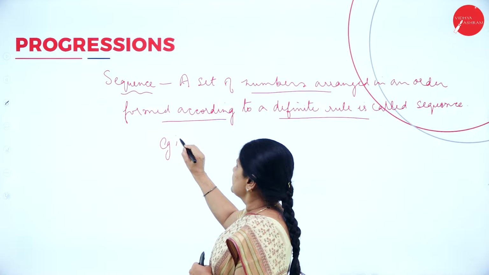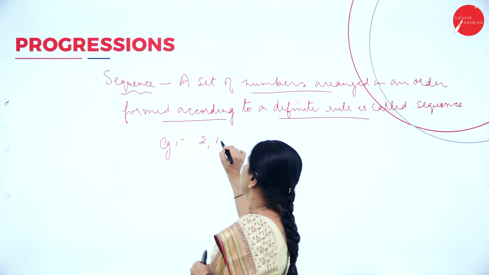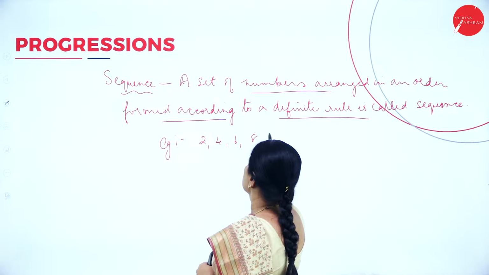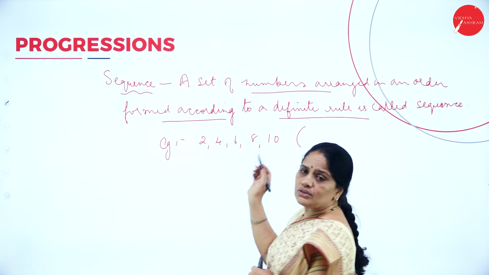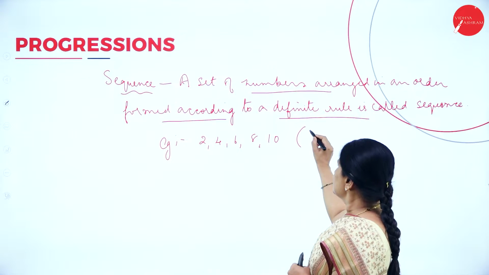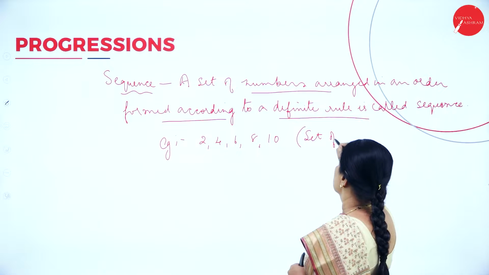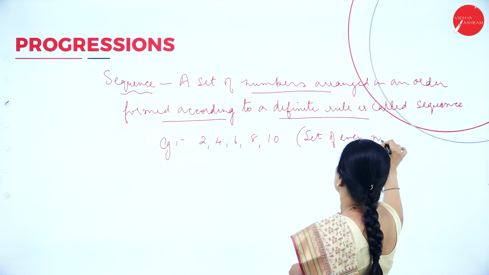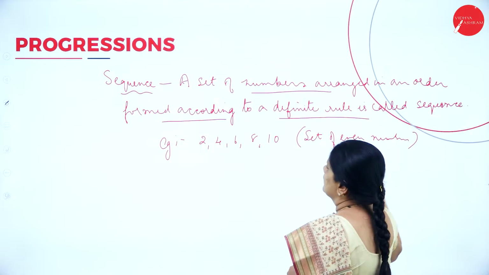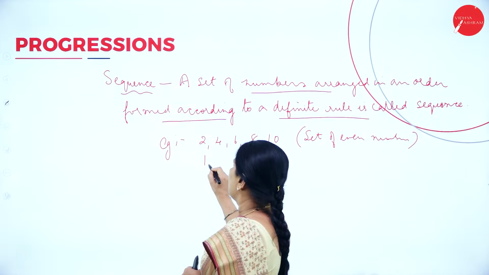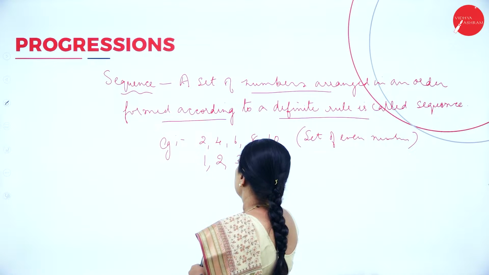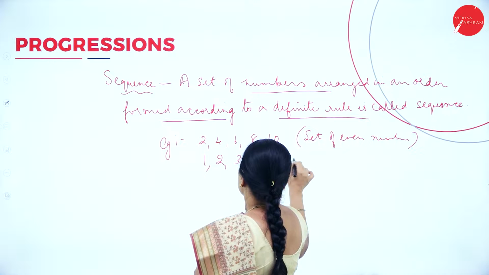Now, for example, I write 2, 4, 6, 8, 10. So what is the rule followed here? This is a set of even numbers. Suppose I write 1, 2, 3, 4, 5, 6.